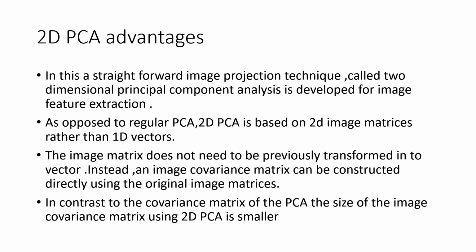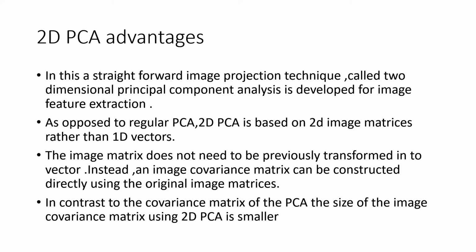Now let us see the advantages of using 2D PCA. As opposed to regular PCA, 2D PCA is based on 2D image matrices rather than 1D vectors. The image matrix doesn't need to be previously transformed into a vector. Instead, an image covariance matrix can be constructed directly using the original image matrices.